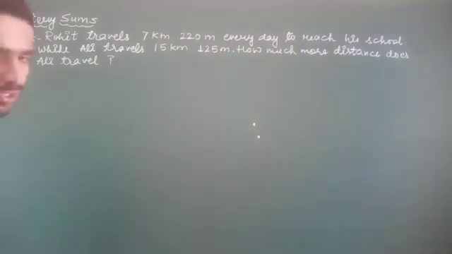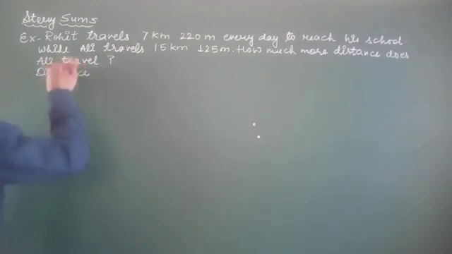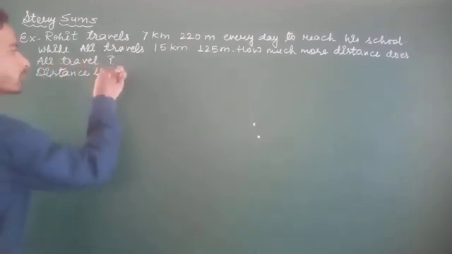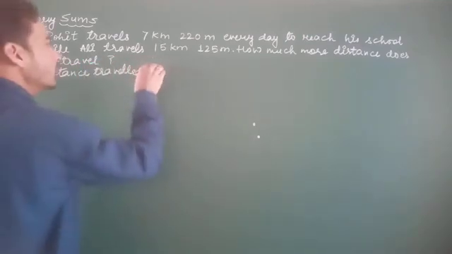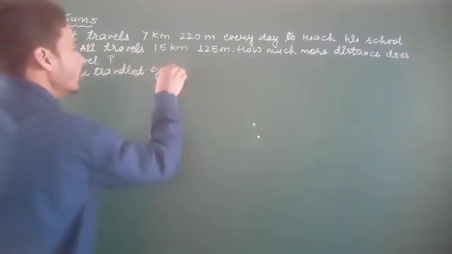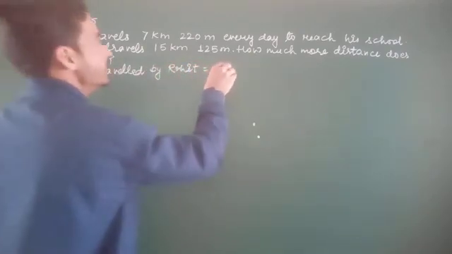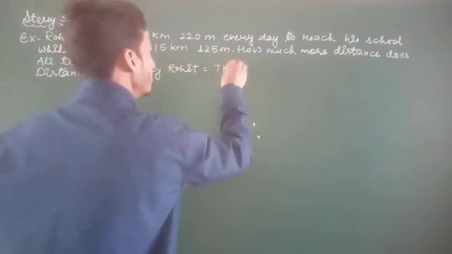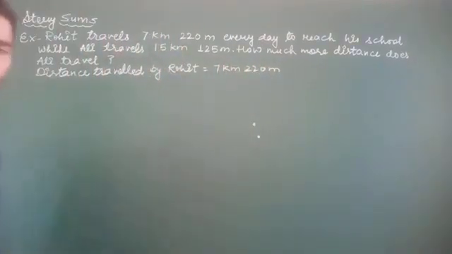Okay, so firstly, distance traveled by Rohit. Distance traveled by Rohit is 7 kilometer 220 meter, and distance traveled by Ali.